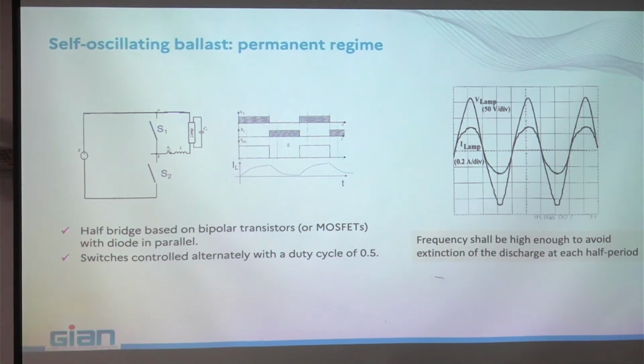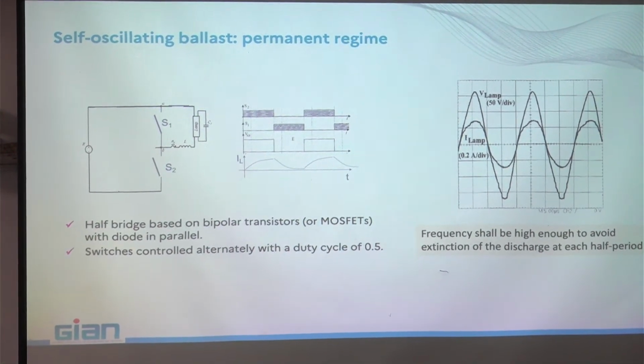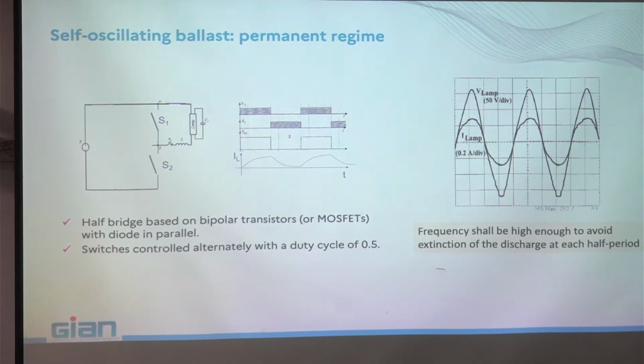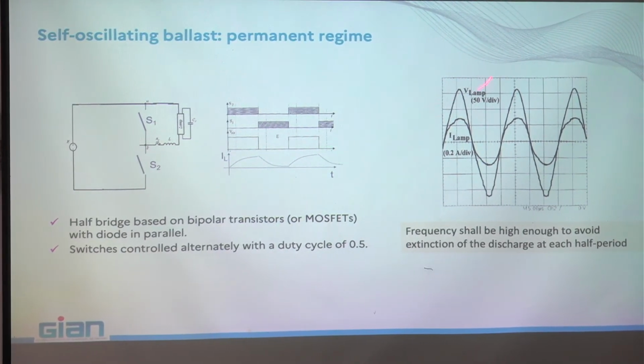And this is when you arrive in a permanent regime at high frequency, then you exploit the self-oscillating character of the ballast, and once the lamp is switched on, you can continue supplying the lamp.